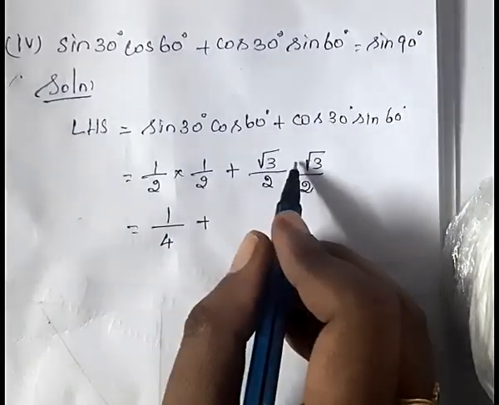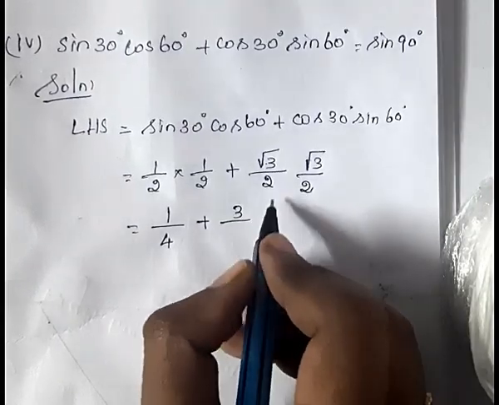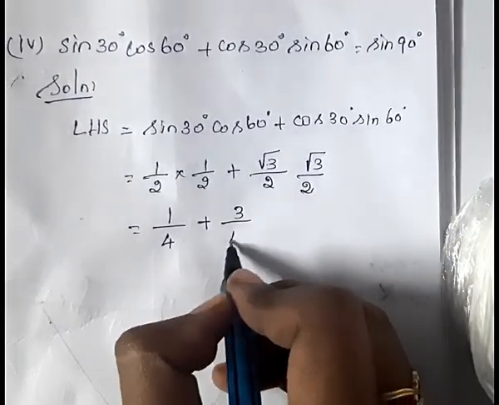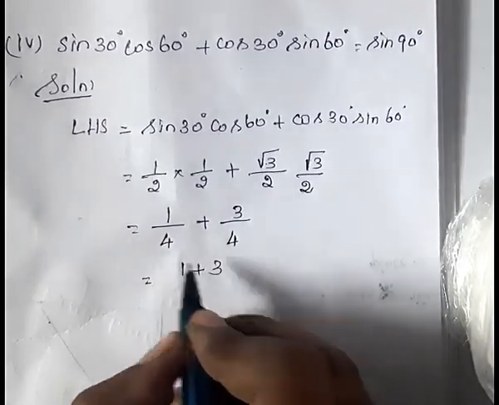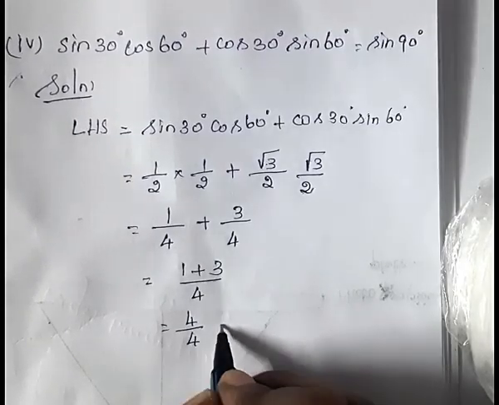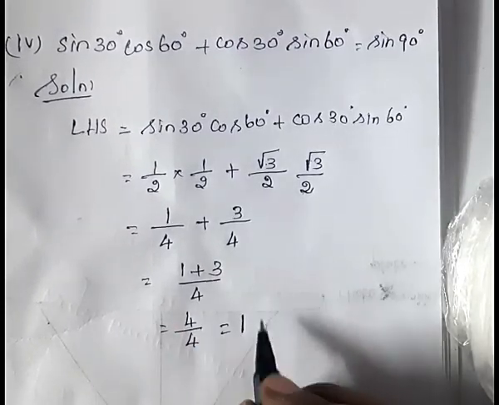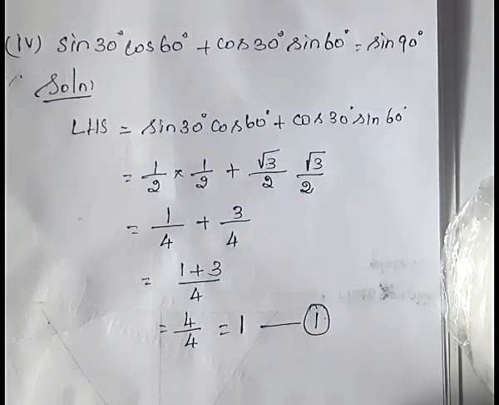Plus multiply the both. Root 3 into root 3, 3 by 2 into 2, 4. Then 1 plus 3, same denominator, 4. 4 by 4, that is equal to 1. So LHS we have 1. Take as equation number 1.